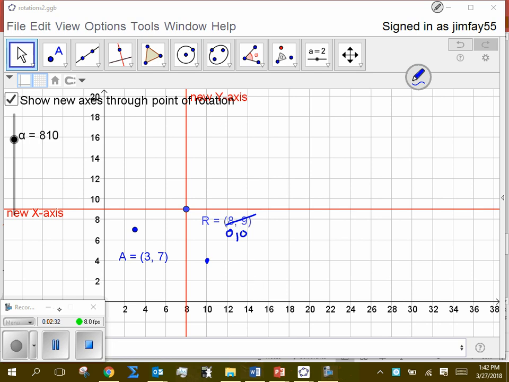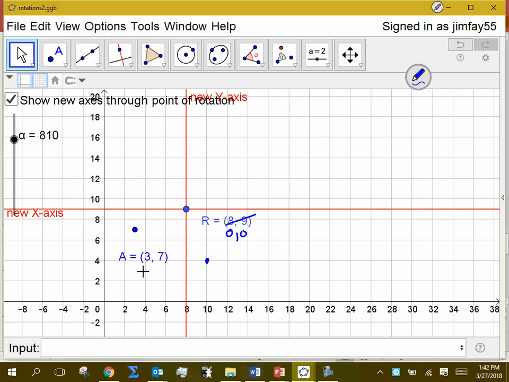And what would you call that point based off of the original or the true origin here? 10, -4. You'd call it 10, -4.